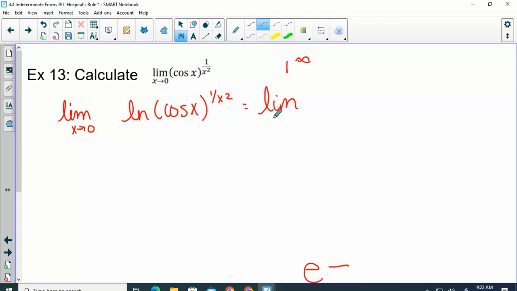So property of logs, exponent comes down. And this one's pretty easy to write as a fraction. What would it be?